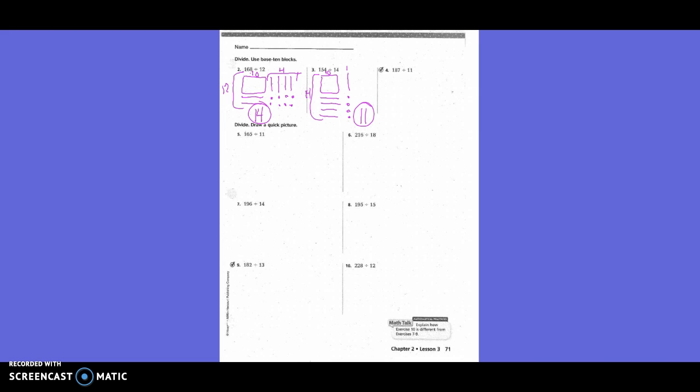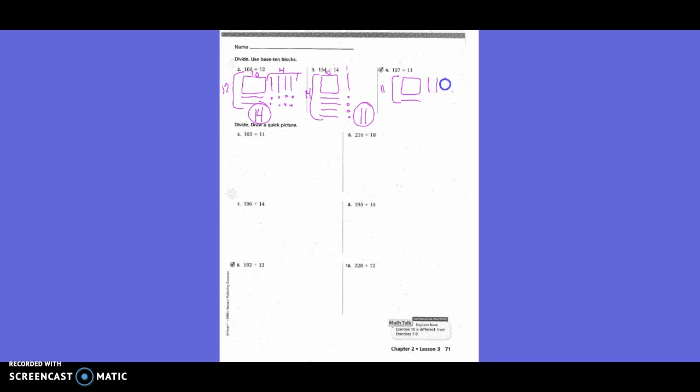All right. 187 with your base 10. Hey, did you guys have any left over? No. So you should have had a flat with how many longs? 1, right? And then this represents your what? 11. Then how many longs do you need out to the side? 7.